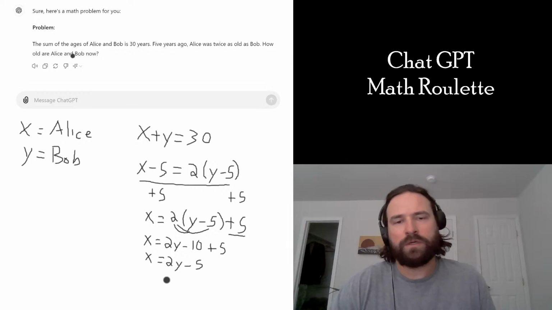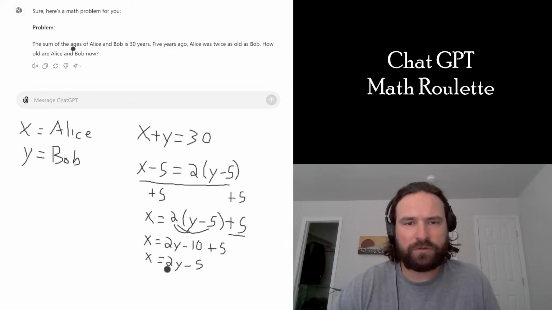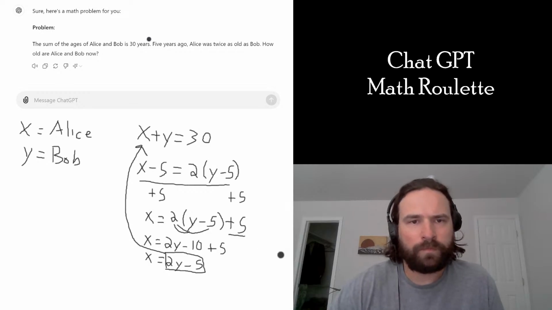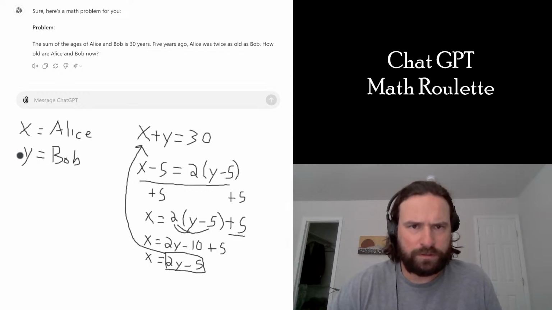Okay? And now, since we know that x equals 2y minus 5, the 2y minus 5 can go into the other equation where the x goes. So I'm going to take this top equation and rewrite it as 2y minus 5 plus y.